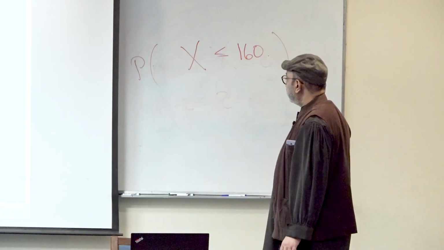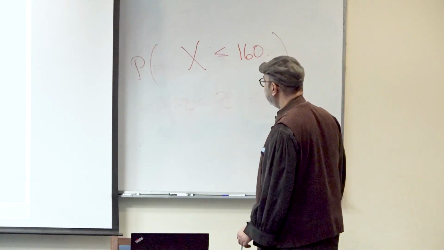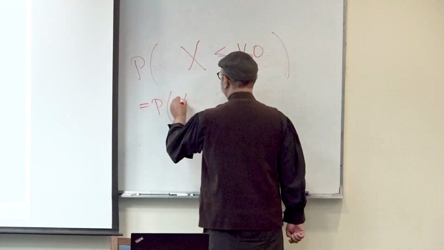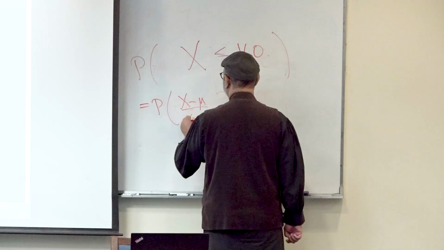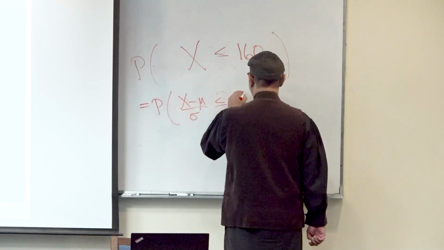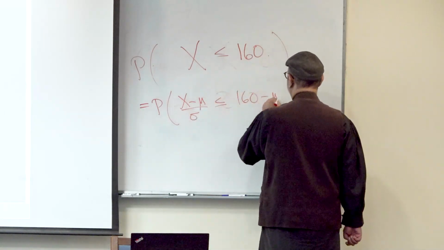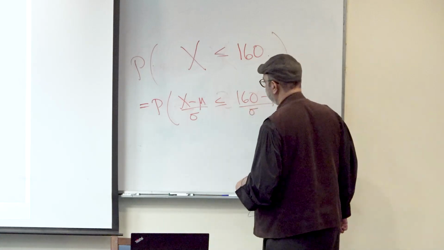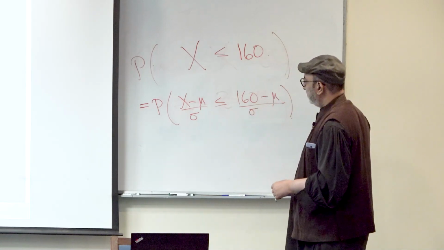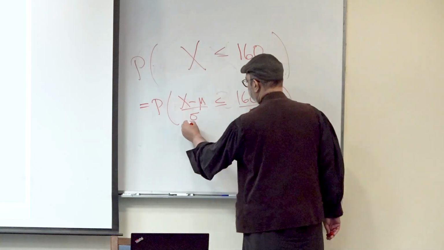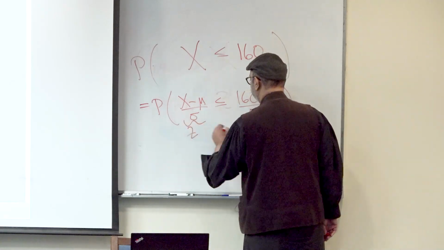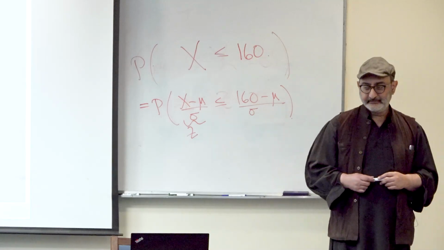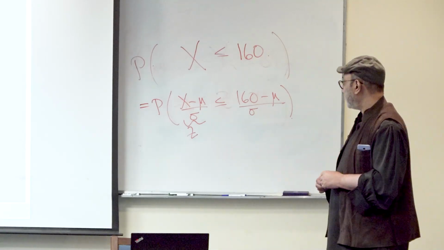Okay, now let's do our transformation. That's the probability that (x minus mu) over sigma is less than or equal to (160 minus mu) over sigma. Right, and what's this? Well, we did the transformation so that we would recover the standard normal, right? So what's this?